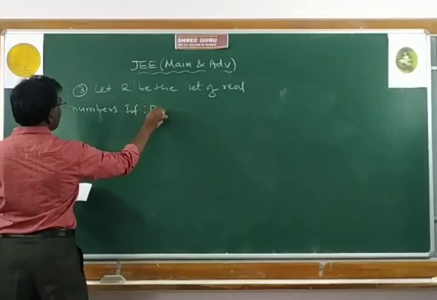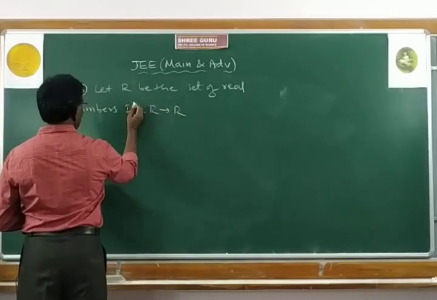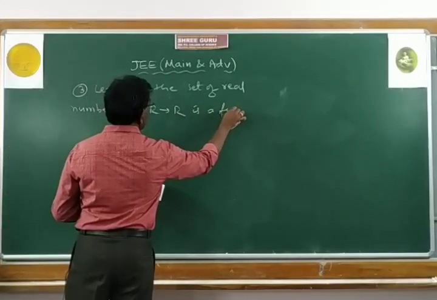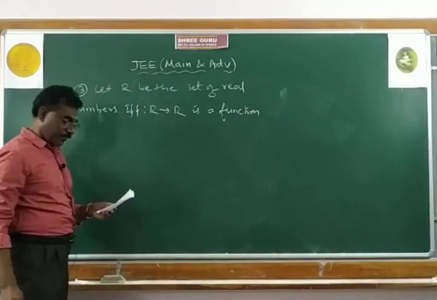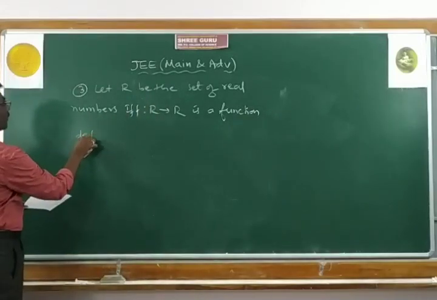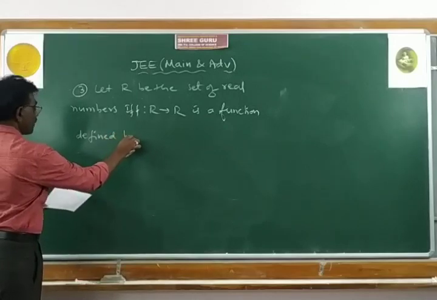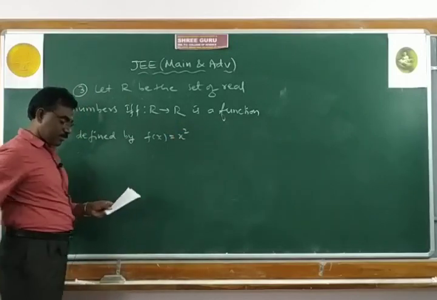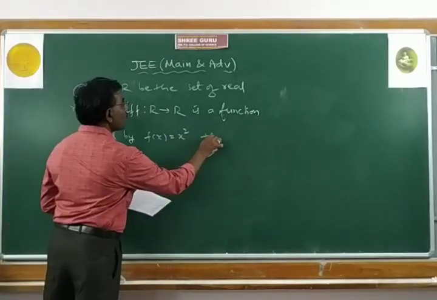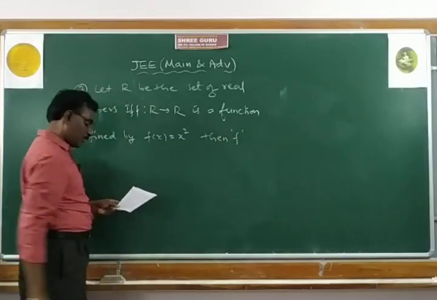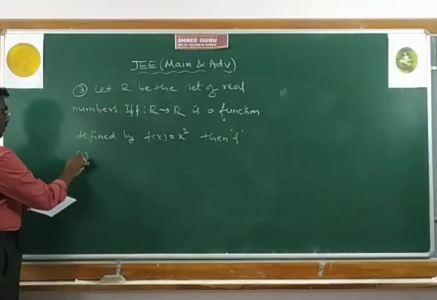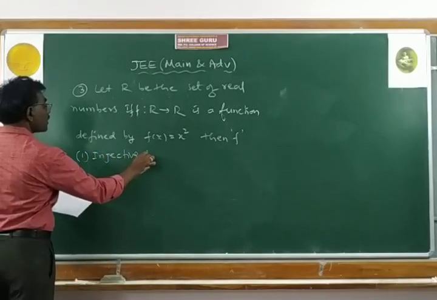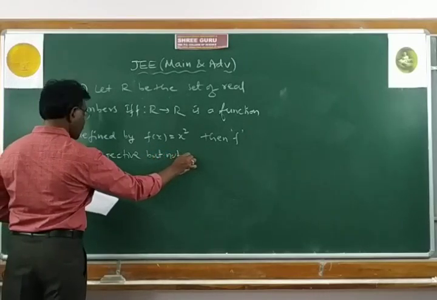If f from R to R is a function defined by f of x equal to x square, then f is: first option, injective but not surjective.